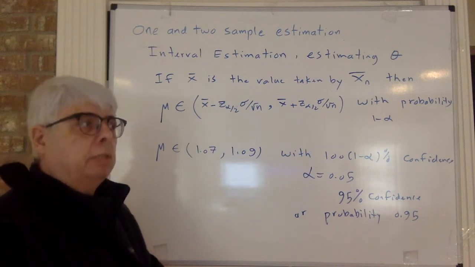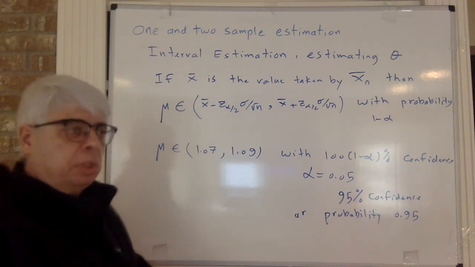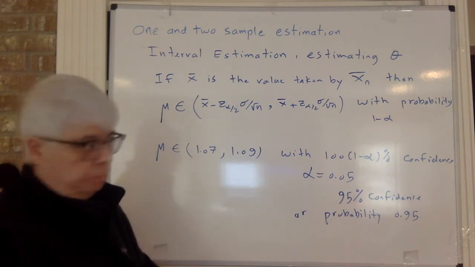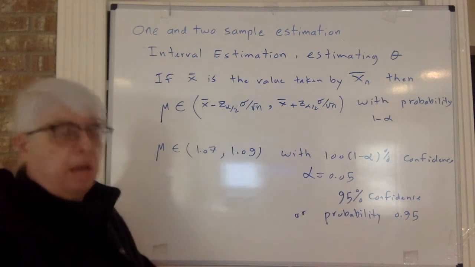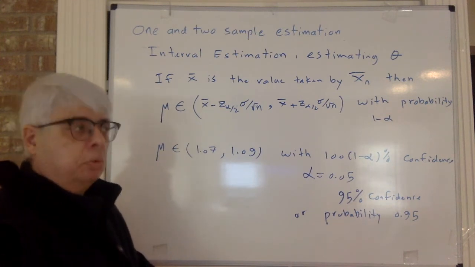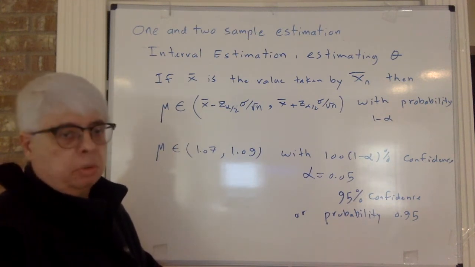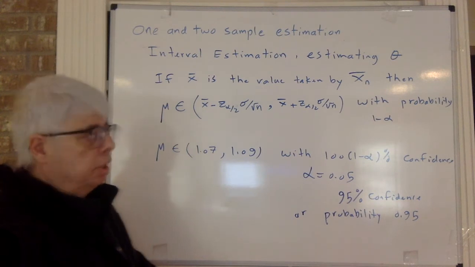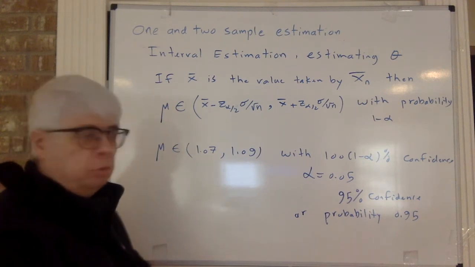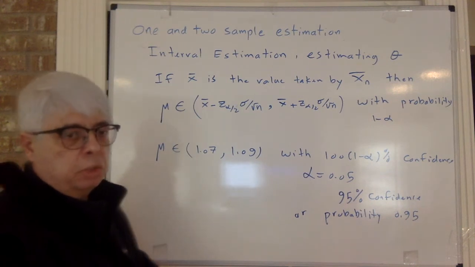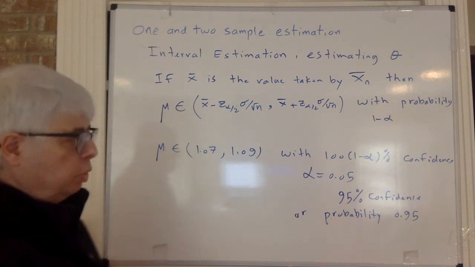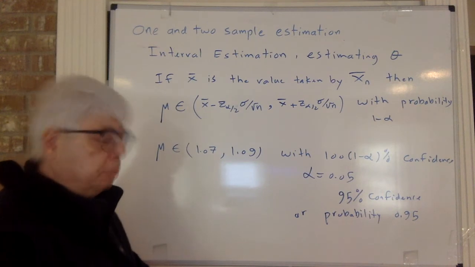Or you can say it means that if I do this experiment 100 times, then on average, 95 times the mu falls within the interval. This doesn't mean that if you do it one time, it definitely falls within this interval. No. So you are giving me a probability, which is good in fact.